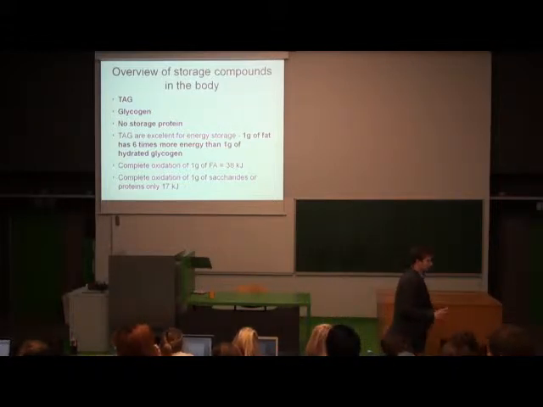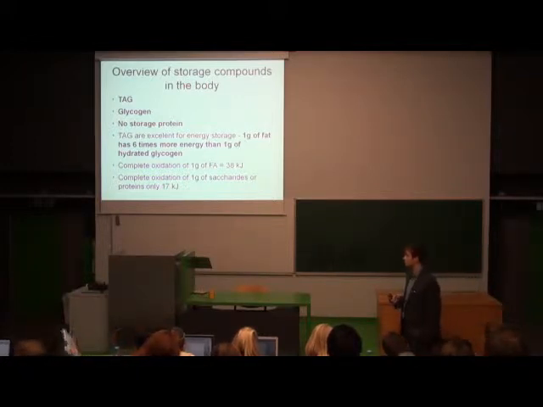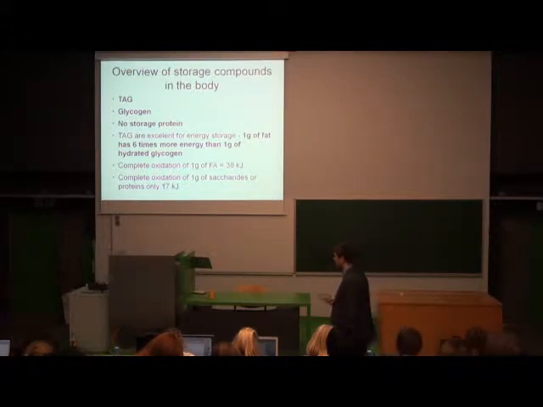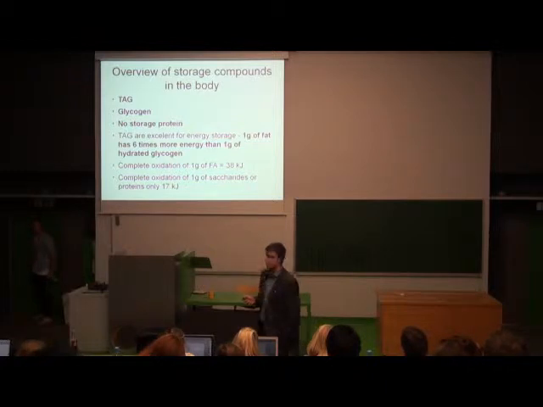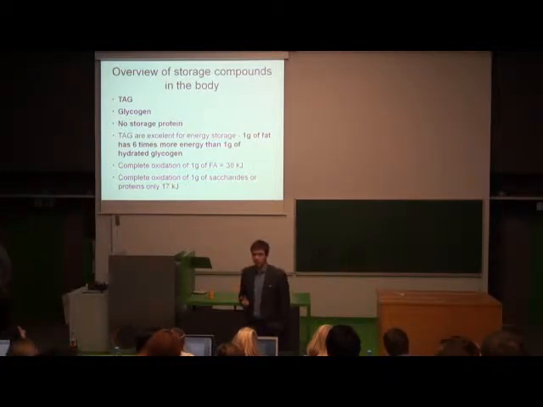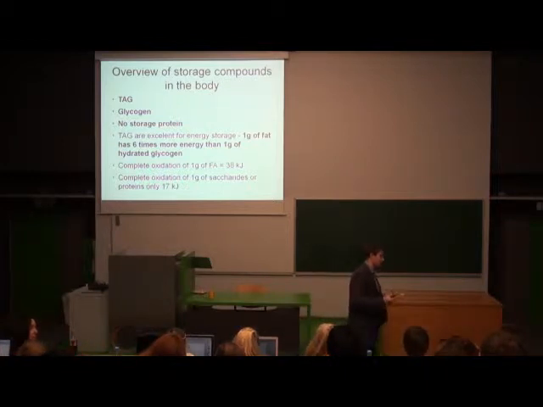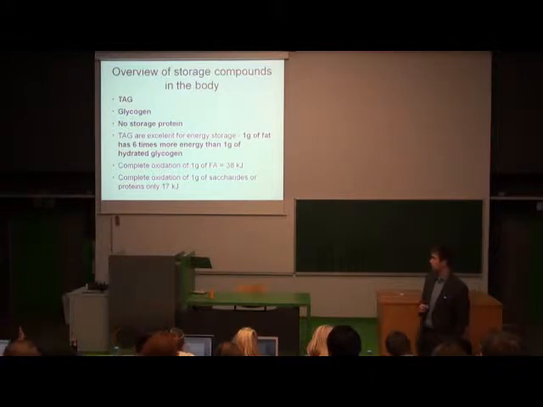Glycogen you can find in every cell, but for our body is important especially liver glycogen and muscle glycogen. As we have already heard, in our body there is no storage protein, yes? If you destroy some protein, the body misses its function, yes? So all proteins we need.